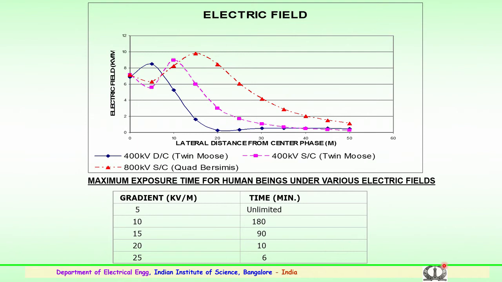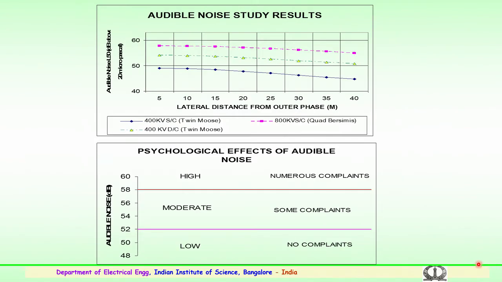If the exposure is more than the specified limit, the human could be uncomfortable or feel the effect of the electric field, where he will not be able to tolerate it.